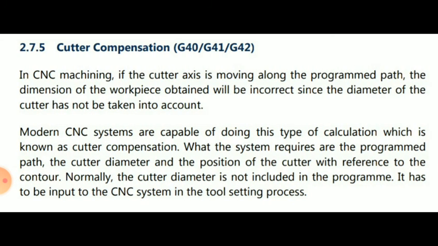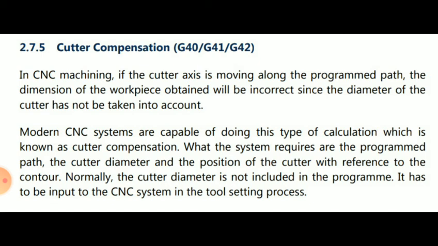Then cutter compensation. For cutter compensation, G40, G41 and G42 are used. In CNC machining, if the cutter axis is moving along the program path, the dimension of the workpiece obtained will be incorrect, since the diameter of the cutter has not been taken into account. Modern CNC systems are capable of doing this type of calculation, which is known as cutter compensation.